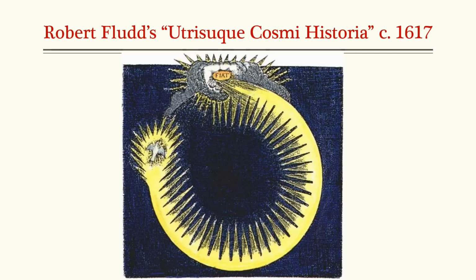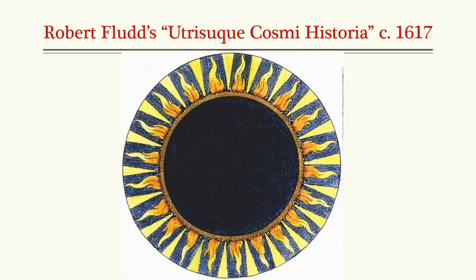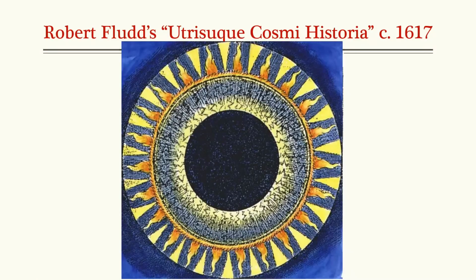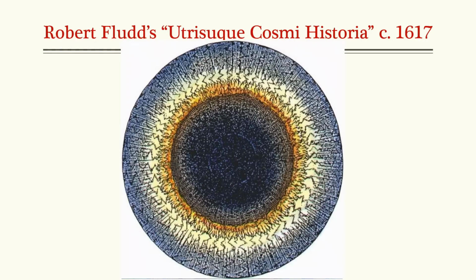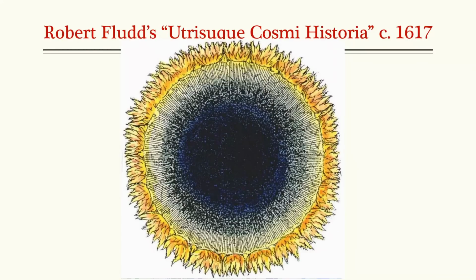Is this a return or is this a projection of the Holy Spirit? That's up for you to figure out. And are these plates in order? Eternal flaming sun around a vastness of nothingness. And a cooled, condensed earth in the center.